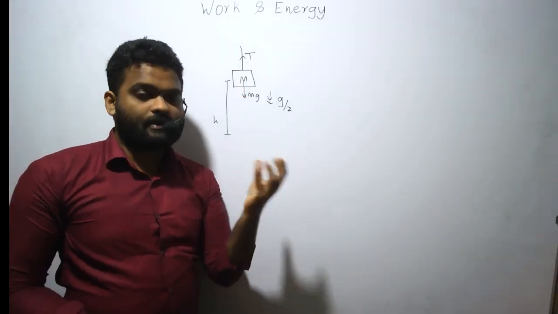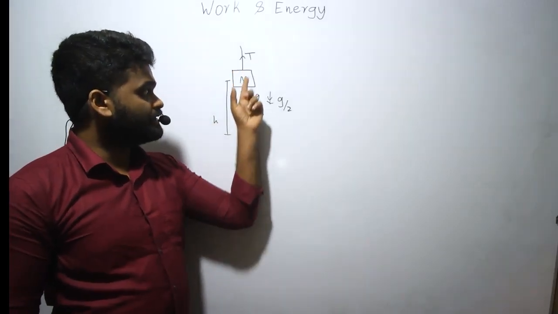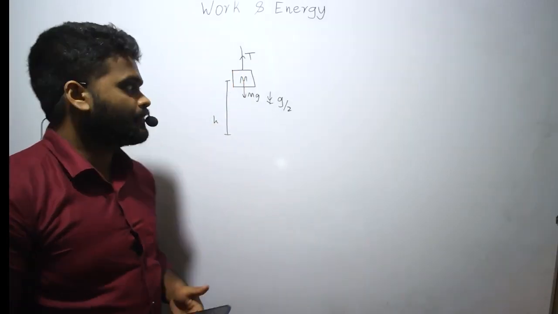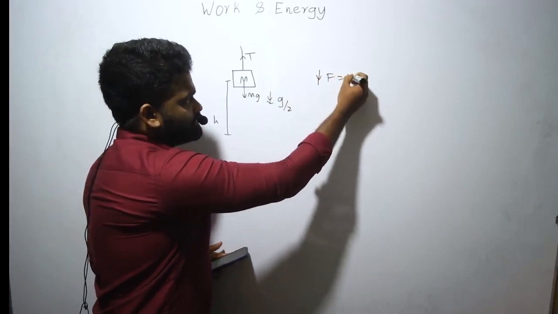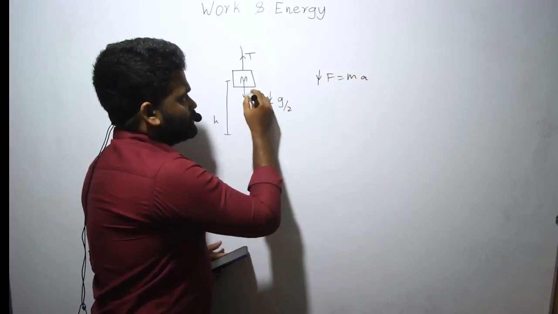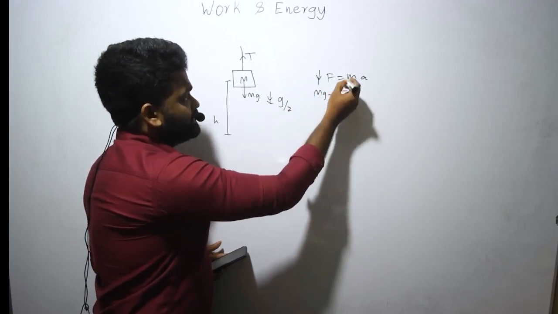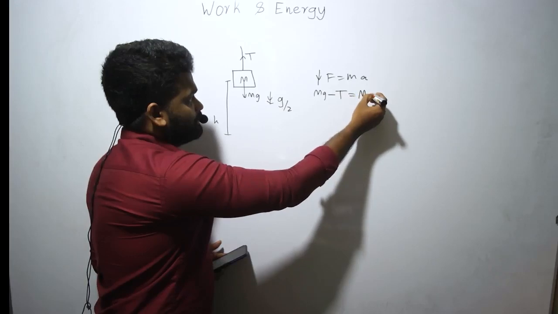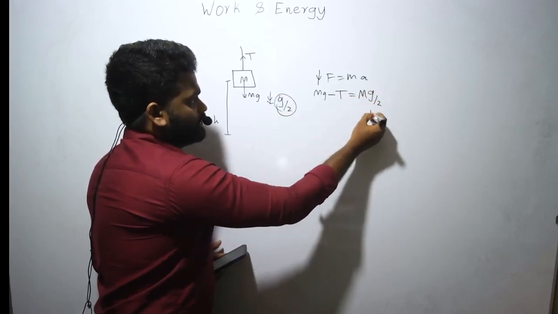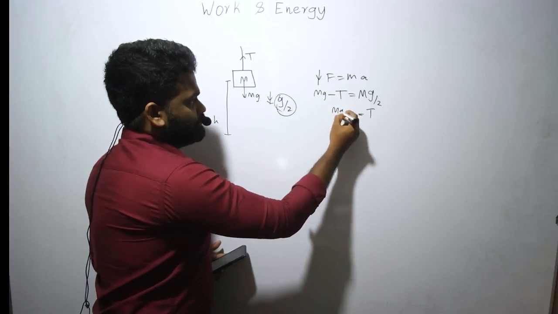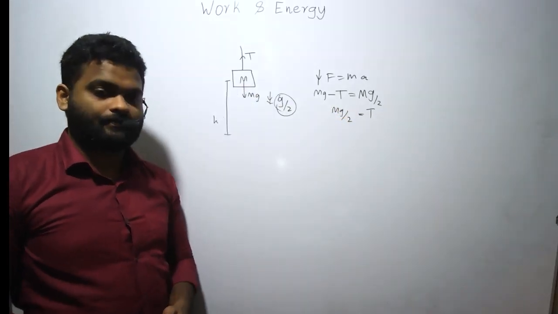The answers are given in terms of mg. So I have to find this T in terms of mg first. Since you know the acceleration, you can simply apply F equals ma downwards. So the downward force is mg, upwards it is T, mass is capital M, acceleration is g over 2. So T is equal to mg over 2. So this is the tension of the string, right?